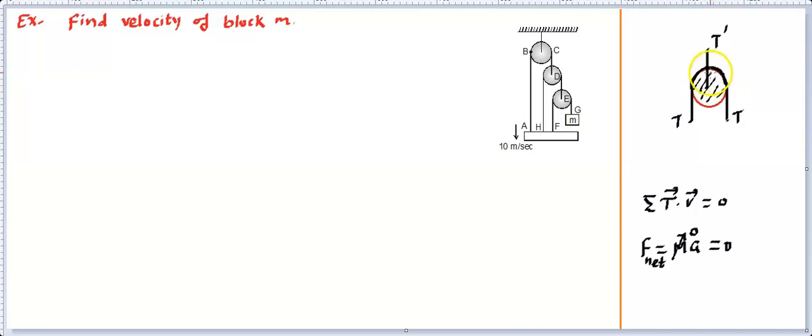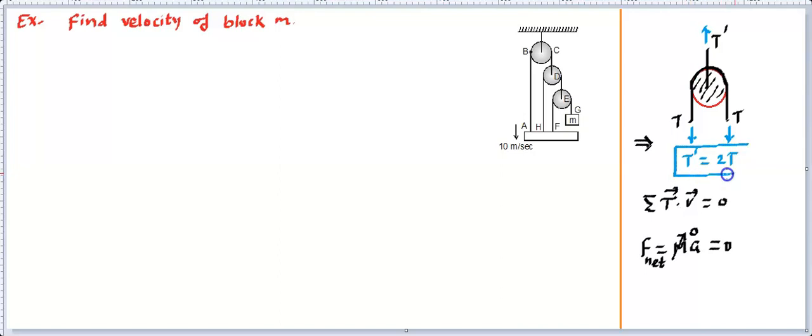Since it is in equilibrium, as we have already talked about, the net force is 0. That means total force in the upward direction is equal to total force in the downward direction, right? So this tension acts like this. Let me show the arrow as well. This is in the upward direction, this is in the downward direction, because on the string they are away from the string, and on the objects they are towards the string. From here you get the conclusion that T dash is equal to T plus T, that means 2T.